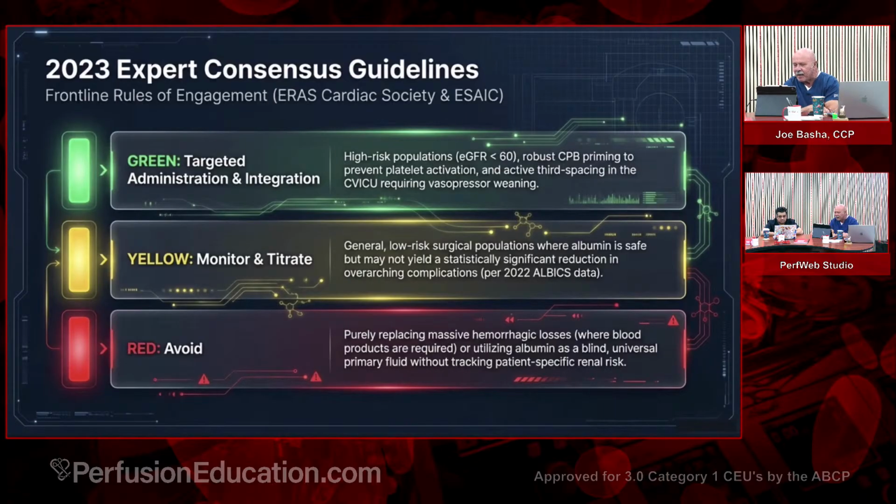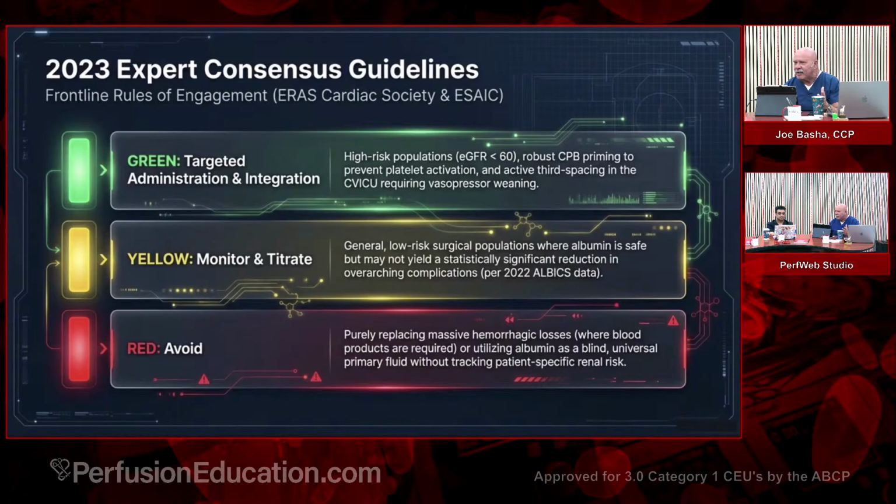And this is from that ALBICS data, 2022. In that case, I view that as my routine case. If they have good kidneys, everybody then gets it in the pump prime, because I know I'm going to have an effect, but I don't give supplemental. If I have somebody that's in the green, I'm going to give more as the case goes on. I'm going to measure it more, I'm going to treat it more.